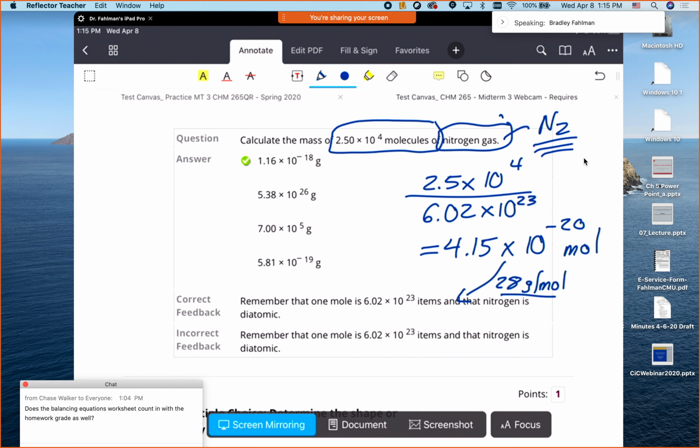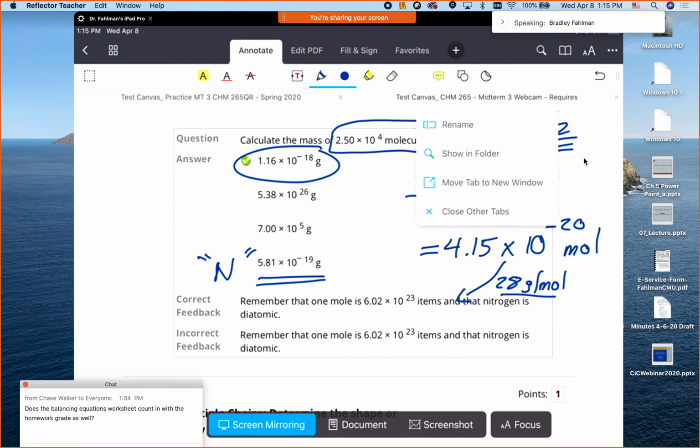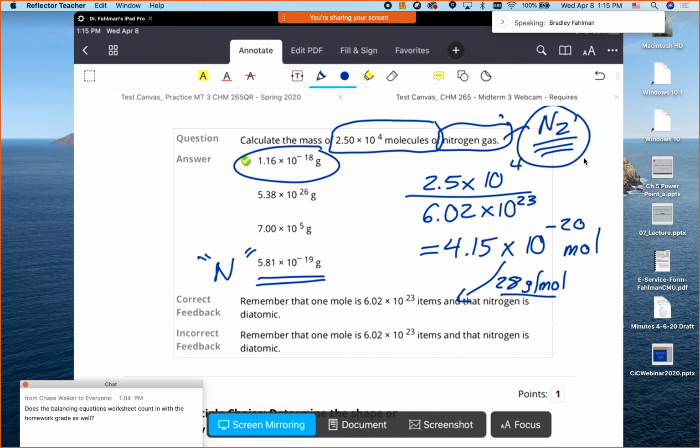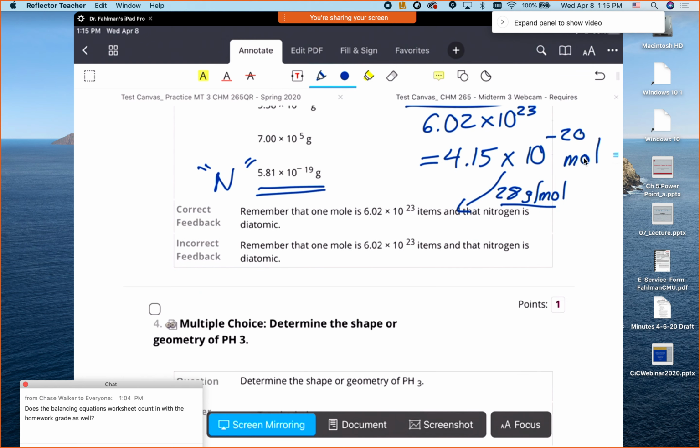Okay, so that times 28 is your 1.16 times 10 to the minus 18. Okay. So I guess this one, 5.8 times 10 to the minus 9, that is just for N. Okay, so remember those molecules that have to be diatomic.